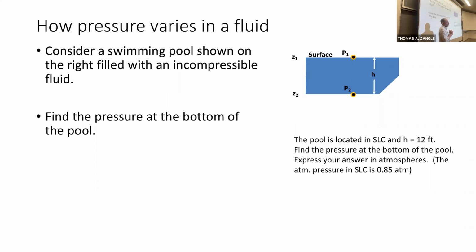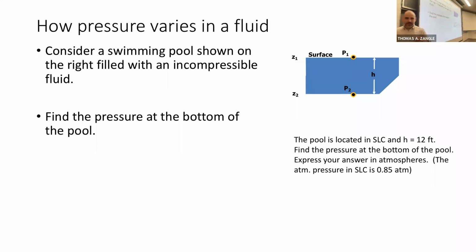What equation should we use to get started here? P2 minus P1 is minus gamma times Z2 minus Z1, right? That's where it is. And we actually have this vector labeled: Z1, Z2, P1, P2 are labeled there.